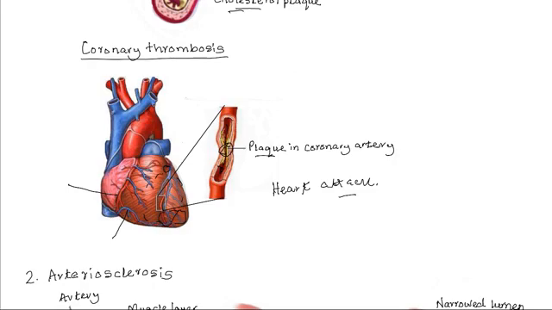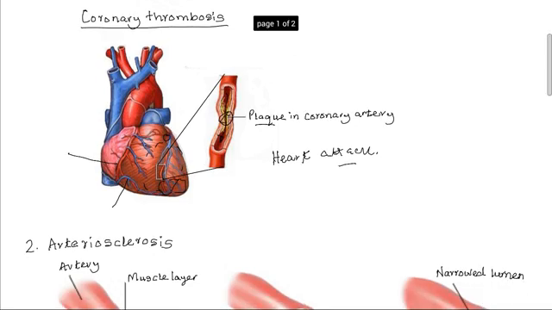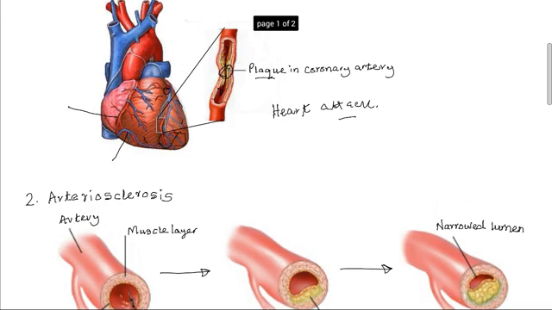A second common defect of the circulatory system is arteriosclerosis. Arteriosclerosis refers to the thickening and hardening of the walls of the blood vessels.